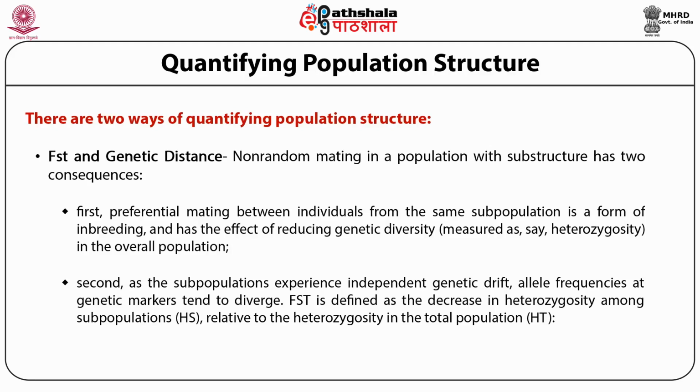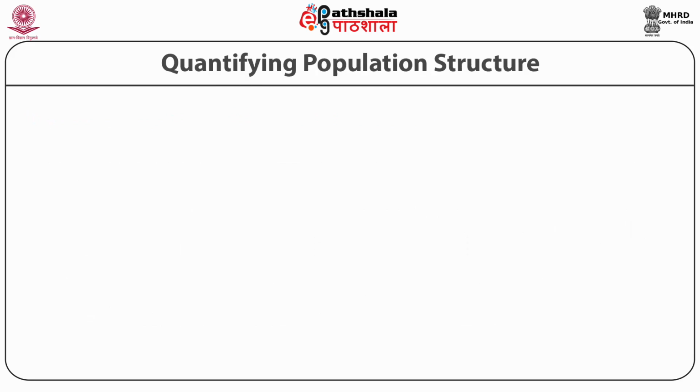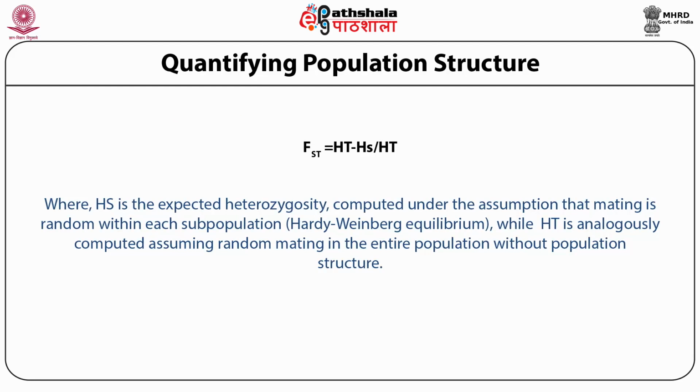So, the FST can be written like this: HT minus HS over HT, where HS is expected heterozygosity computed under the assumptions that mating is random within each subpopulation, that is Hardy-Weinberg equilibrium, while HT is analogously computed assuming random mating in the entire population without population structure.